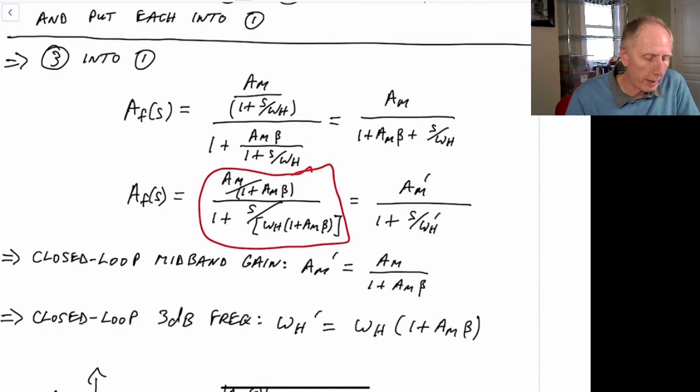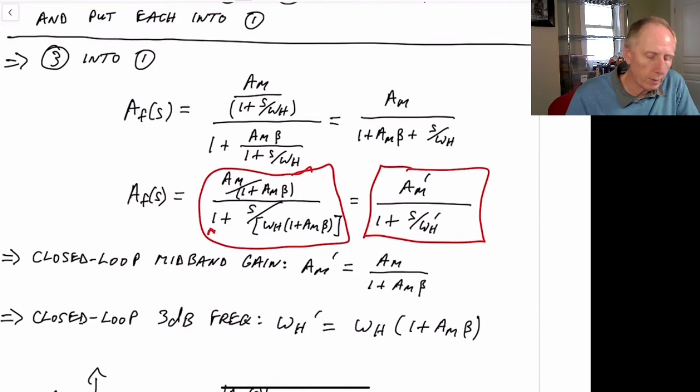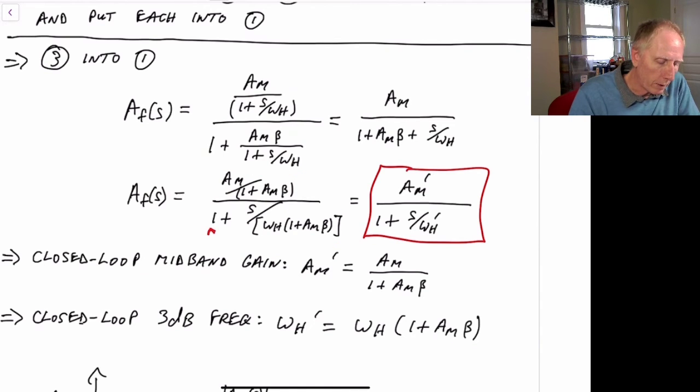Now this looks like a low pass response because we have the 1 term here and S over another value. So we can look at it as a new system, the closed loop gain. In this case, the midband gain will be A sub m prime and the high frequency cutoff will be omega H prime.